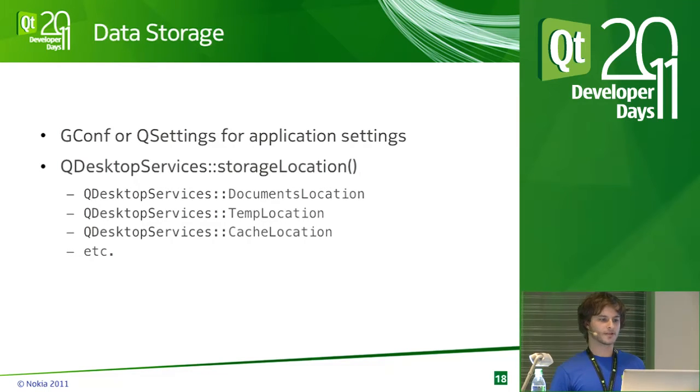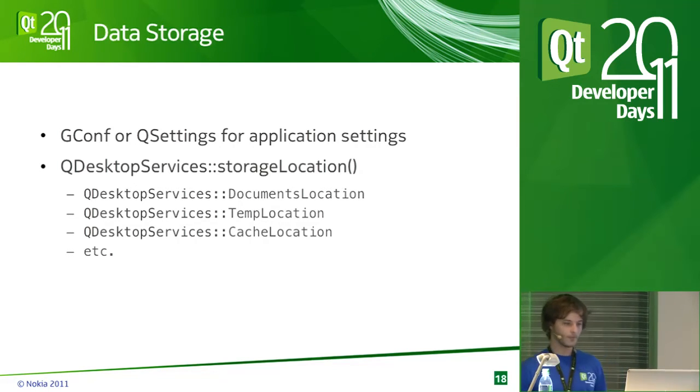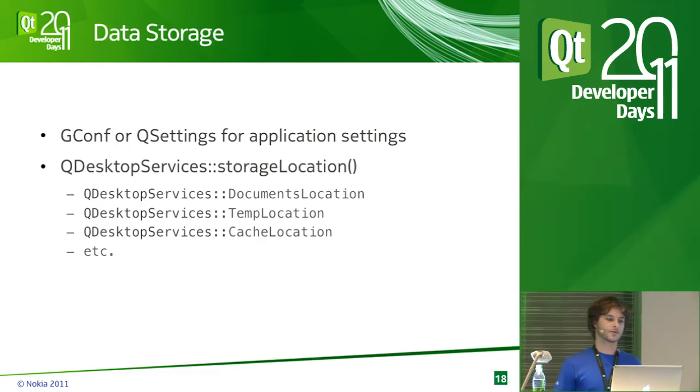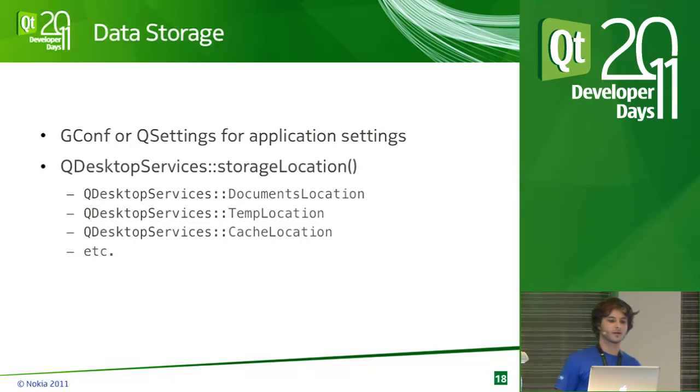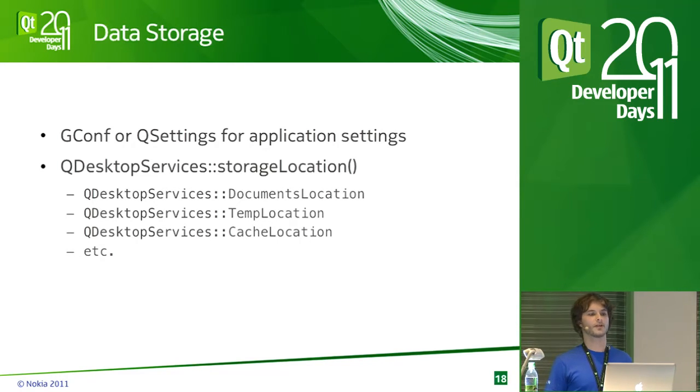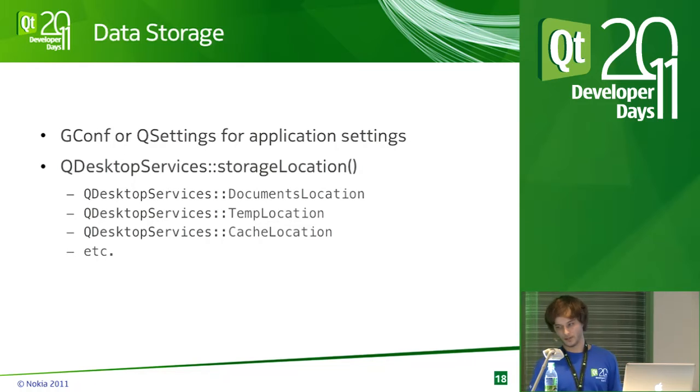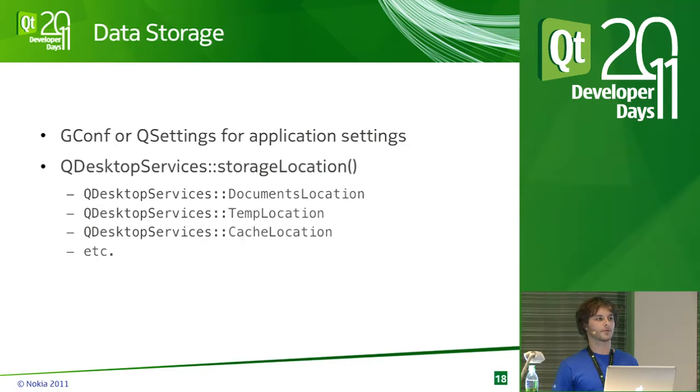So about the settings, you have two options to store your application settings. You can use either gconf or qsettings. The thing to know is that the preferred way is to use gconf because, as you might know, the N9 has a backup and restore feature. When you use gconf and do a backup, it will back up your application settings. If you use qsettings, it won't back up the settings.